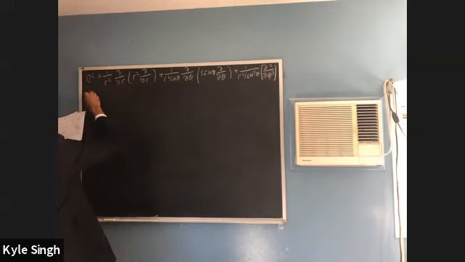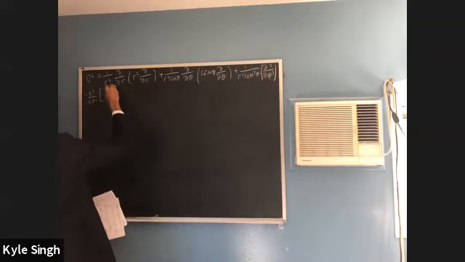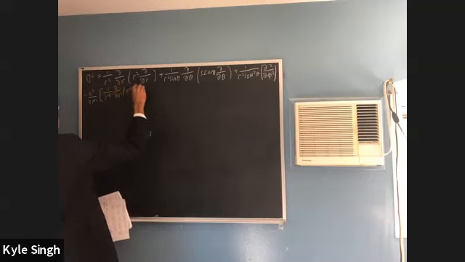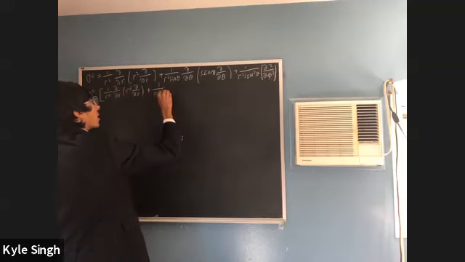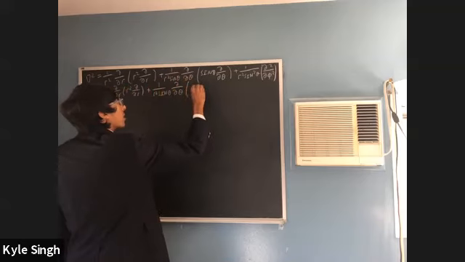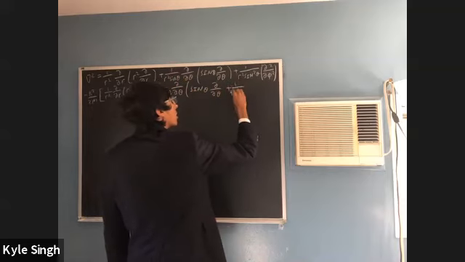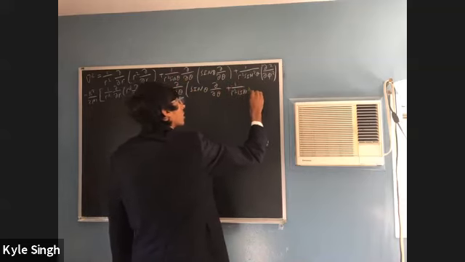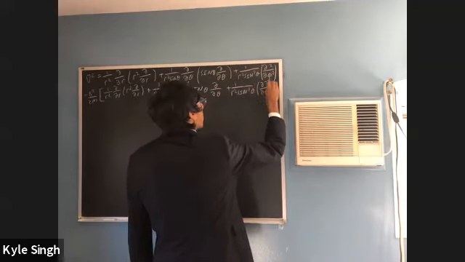And now my Schrodinger equation becomes this. Now I'm just going to plug in that Laplacian, right? So this is my Schrodinger equation now. ∂/∂r r squared ∂/∂r plus 1 over r squared sine theta ∂/∂theta sine theta ∂/∂theta plus 1 over r squared sine squared theta ∂² over ∂phi squared.